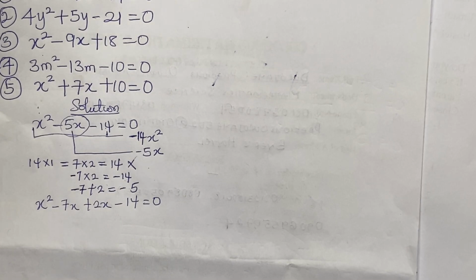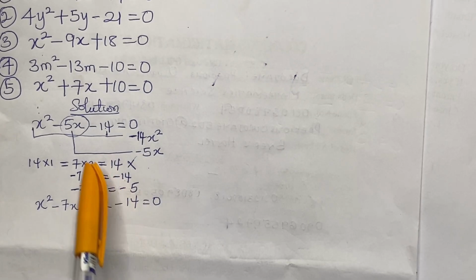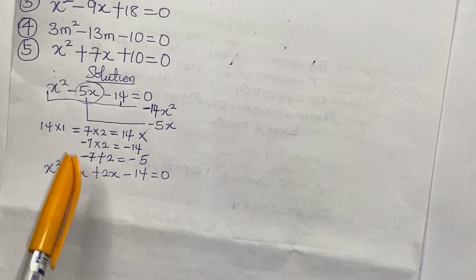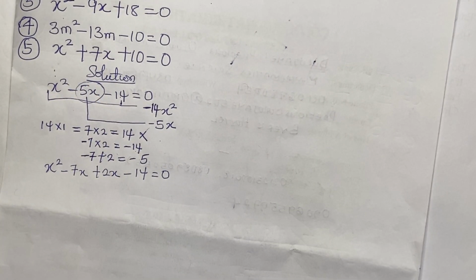Then I change the sign to minus 7 times 2. Minus 7 times 2 will give us minus 14, and minus 7 plus 2 will give us minus 5. So after getting those factors, you change your 5x to become those two values. Once you get that, you are already on your way to getting the correct answer.